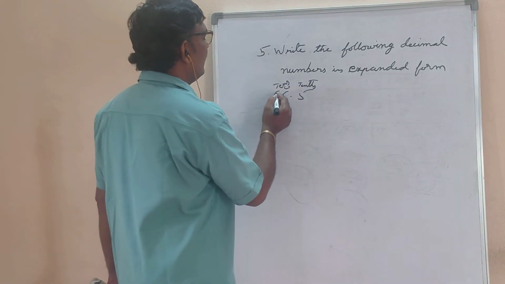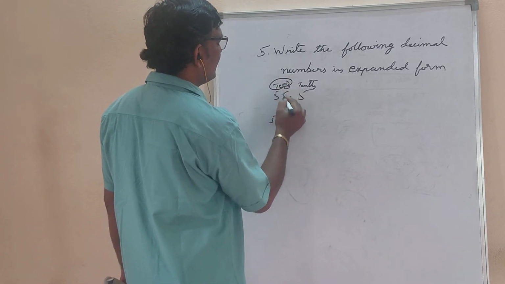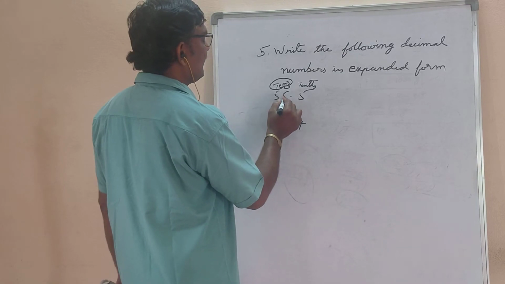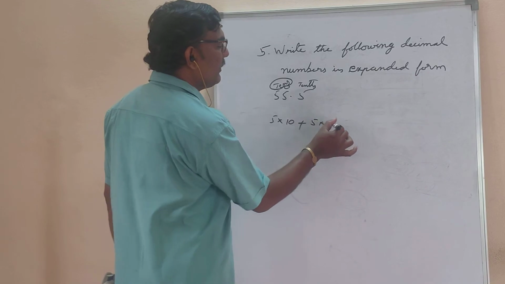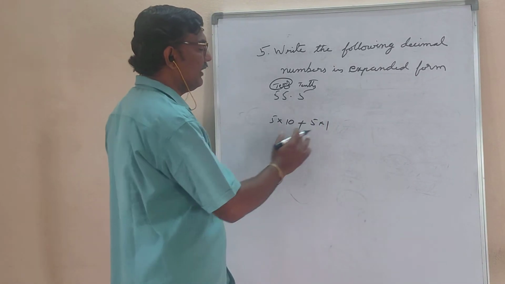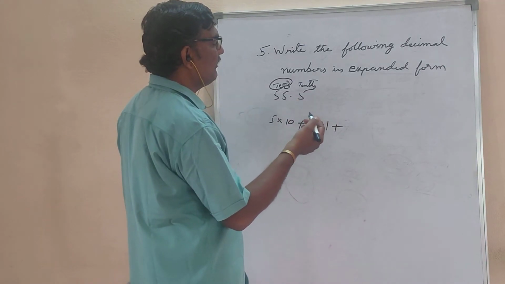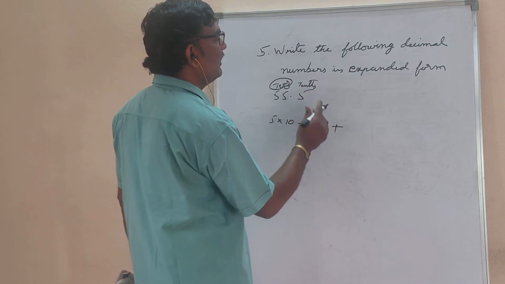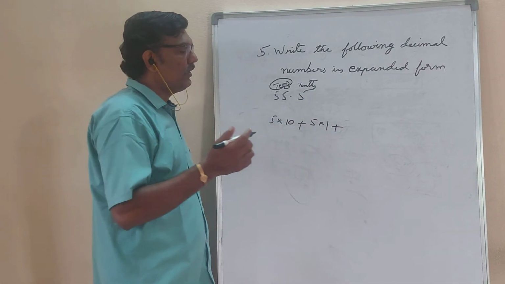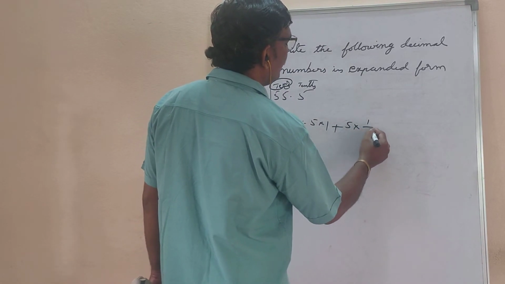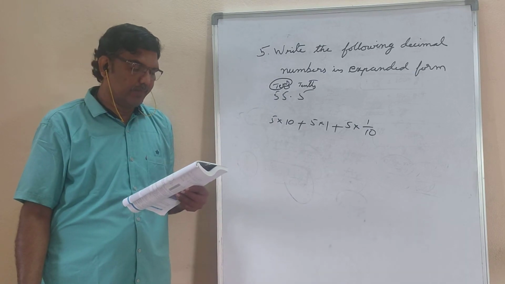Now you start with 5. This 5 is in the tens place, so 5 into 10. The next 5 is present in the units place. Units means 1, so 5 into 1. Don't keep any point here; in expanded form you only keep the place. And this 5 is present in the 10th place. I already said that 10th means 1 by 10, so you have to write 5 into 1 by 10. This is called expanded form.